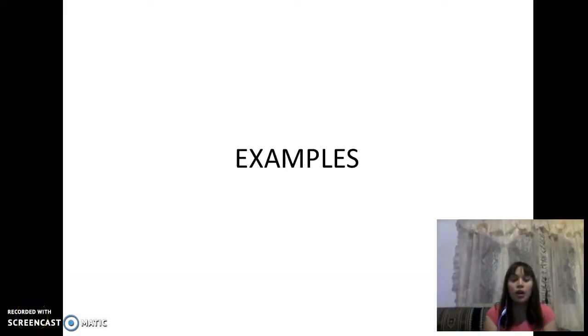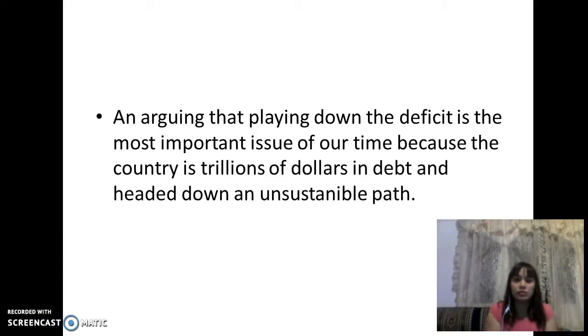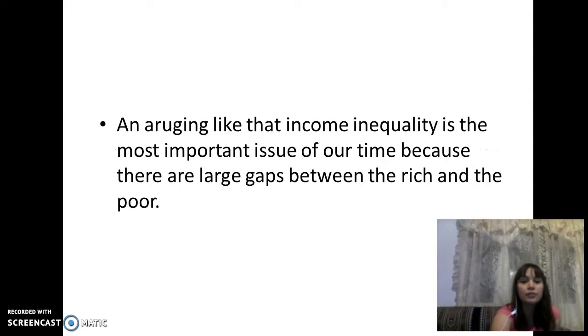Okay, and now more examples. Arguing that reducing the deficit is the most important issue of our time because the country is trillions of dollars in debt and headed down an unsustainable path.